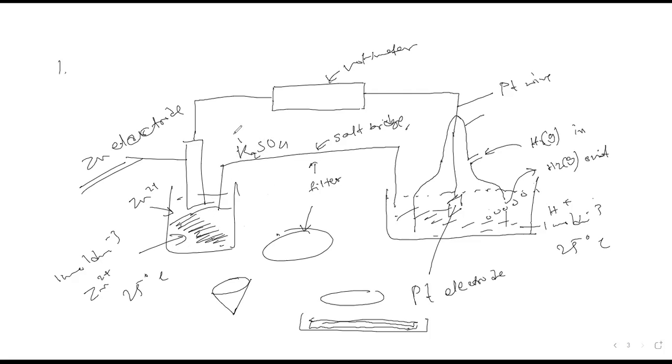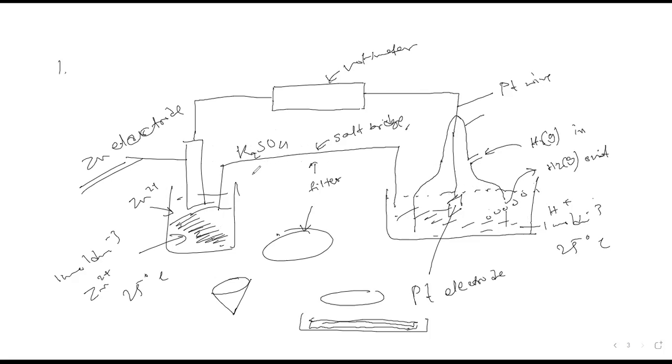In that case, potassium ion is going to move to this solution. If Zn2 plus gets discharged, on the other side the negative charge is going to get discharged, isn't it? If on one side positive charge is getting discharged, on the other side the negative charge is going to get discharged. That means the sulfate ion is going to move to the other solution, in the other direction.